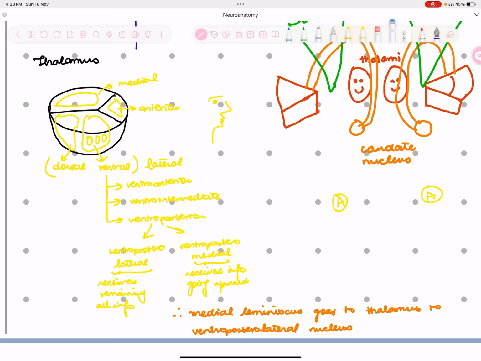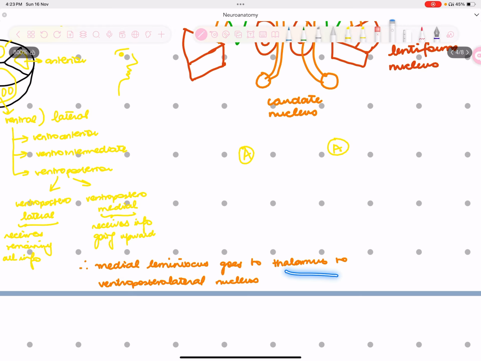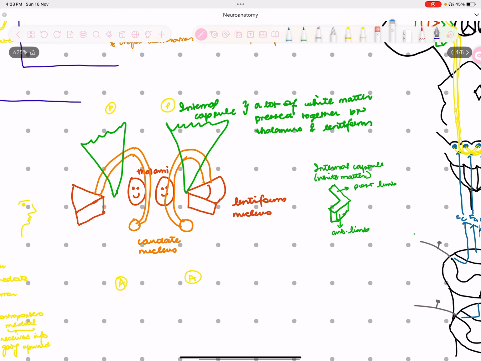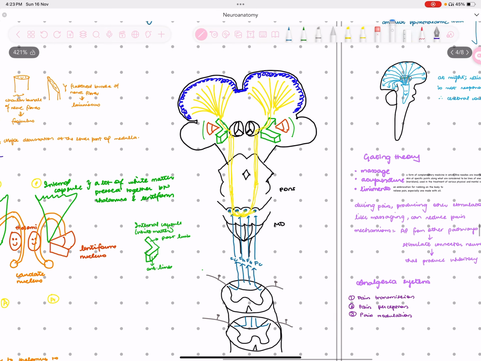Now, the medial lemniscus goes to the thalamus in the ventro-postero-lateral nucleus. For now, you need to know the ventro-postero-lateral nucleus is the main one in this pathway.